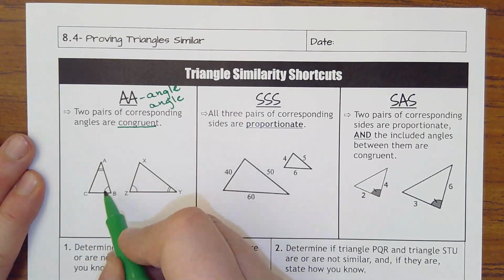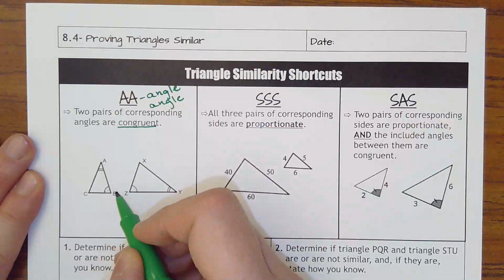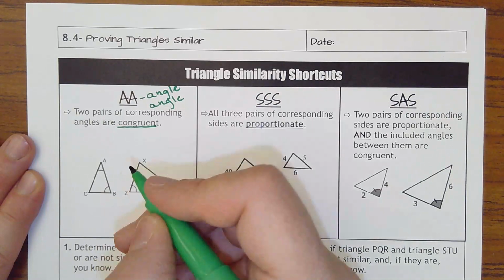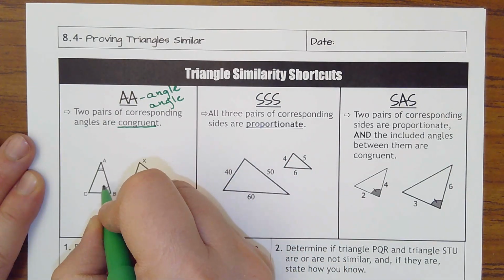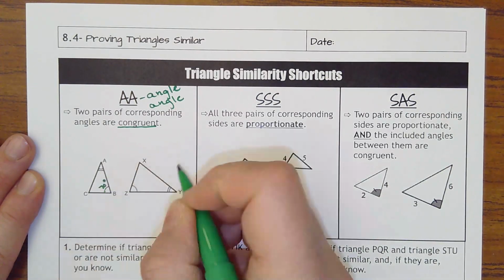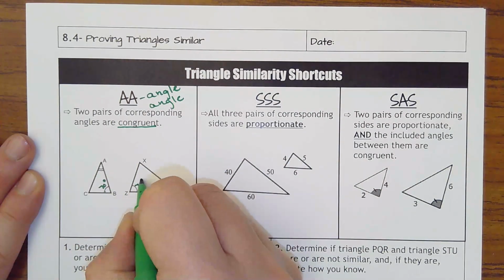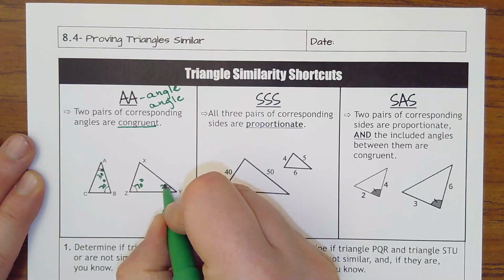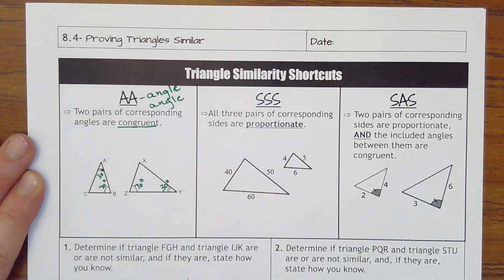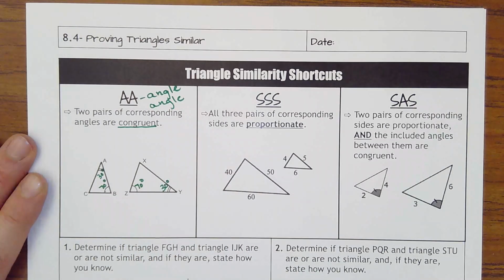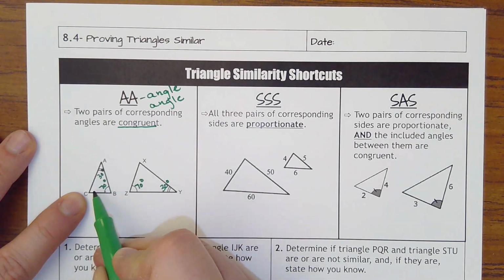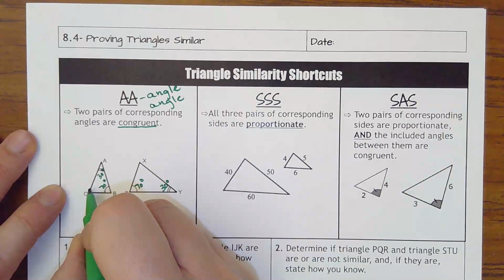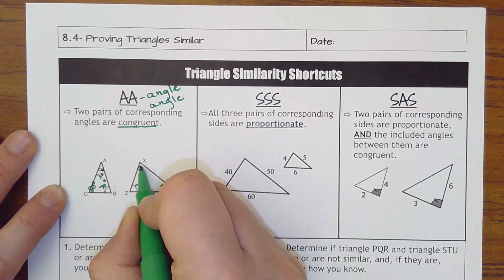And so if I know that, let's say angle B here is 70 degrees, and then Z is 70 degrees. And I know that A here is 30 degrees and this one's 30 degrees. I have enough info to say that yes, they are similar because I know there's 180 degrees here. There's 100 of it, so this must be 80 and this must be 80.